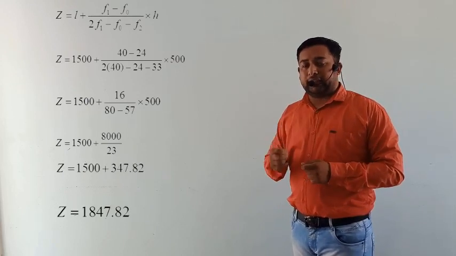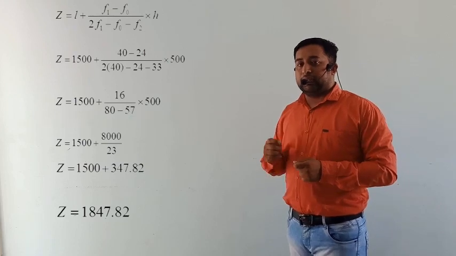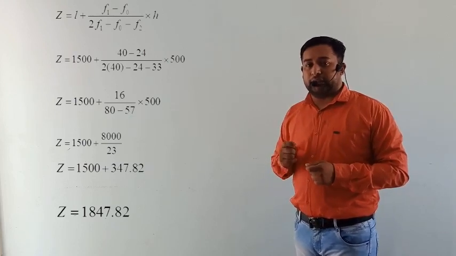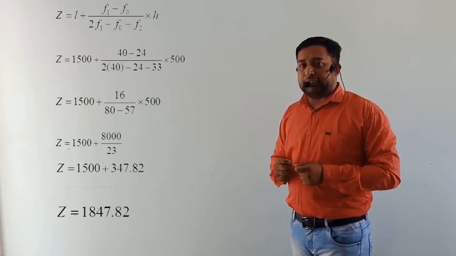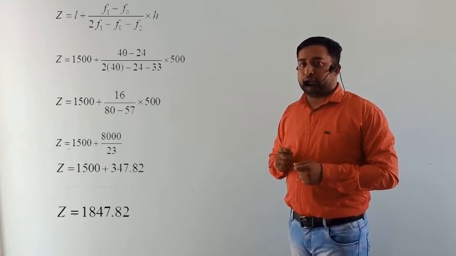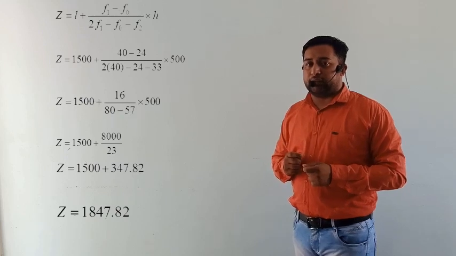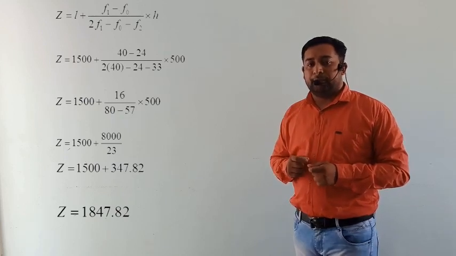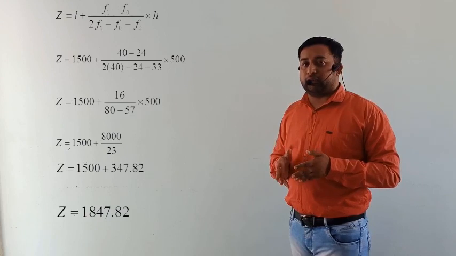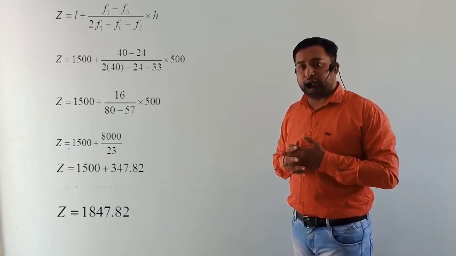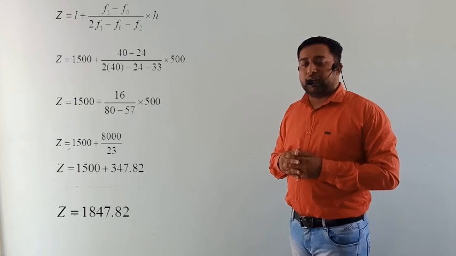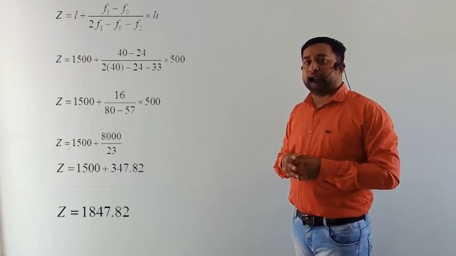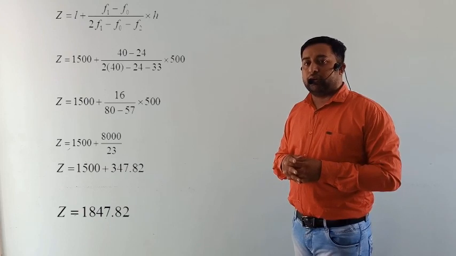Now dividing 8000 by 23, you will get 347.82. Now adding 1500 with 347.82, you will get your Z is equal to 1847.82.